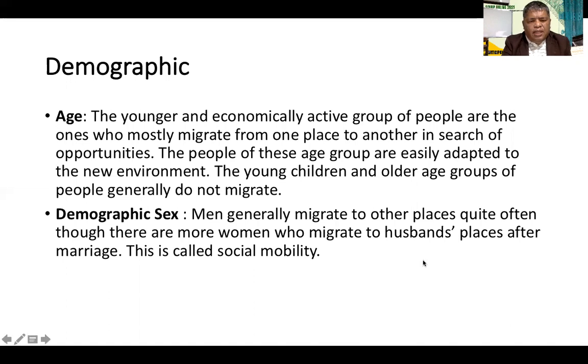The small children. Demographic sex: men generally migrate to other places quite often, though there are more women who migrate to husbands' places after marriage. This is called social mobility.